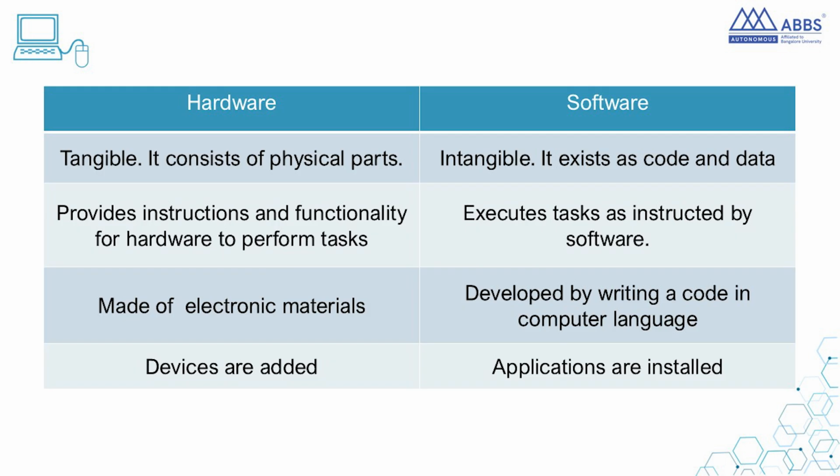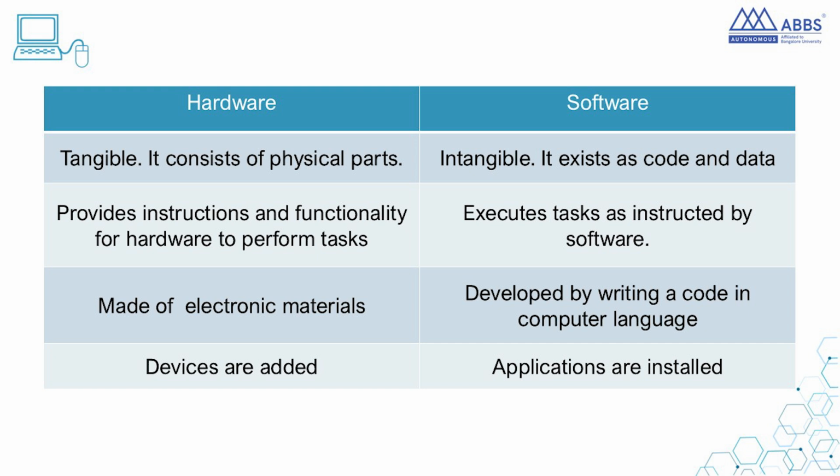Now we understood hardware and software. When we look at both, we can either compare or differentiate. Hardware is tangible while software is intangible. Hardware provides the instructions and enables functions, while software is the code designed to perform as per the instructions, so it executes the task as instructed.